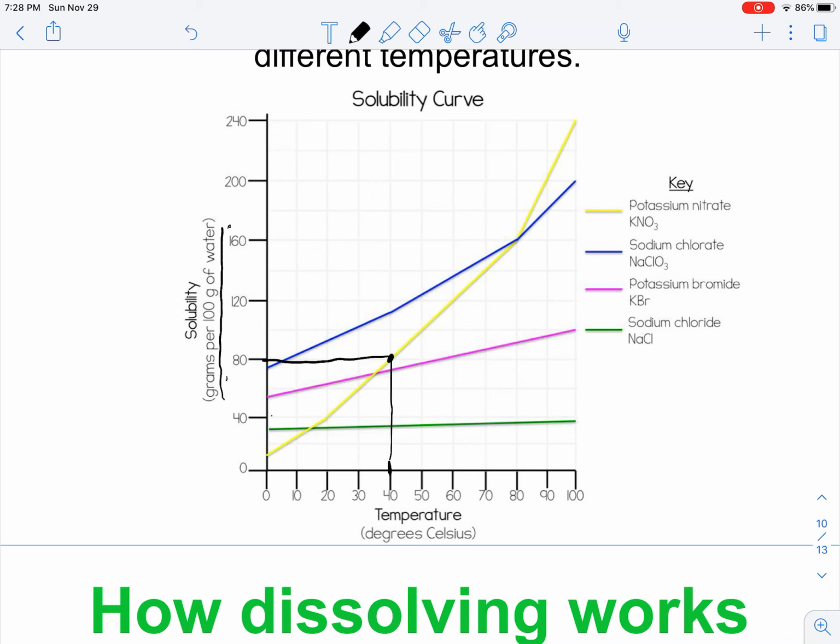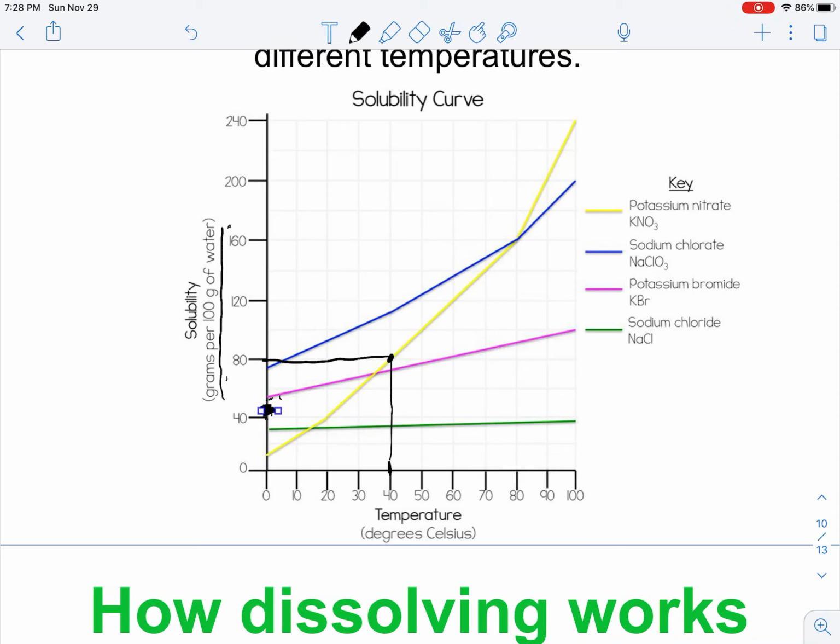Well, this is 40, this is 60. So you don't have to get it up to that high of a temperature. To dissolve 50 grams of it, 50 is about right here. So really at 0 degrees Celsius, 50 grams would dissolve because it is below this.